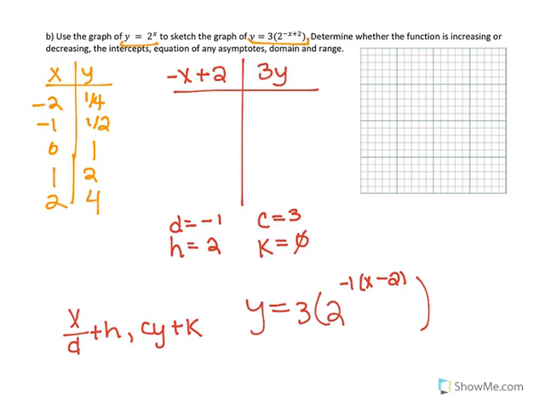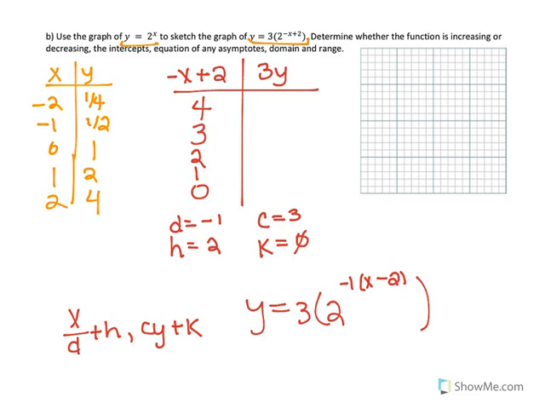So it's very similar to what we did in previous units. So where we have -2 makes it +2, plus 2 is 4. -1 times -1 is +1, plus 2 is 3. -0 plus 2 is 2. -1 plus 2 is 1, and -2 plus 2 is 0. So we've transformed those x points.